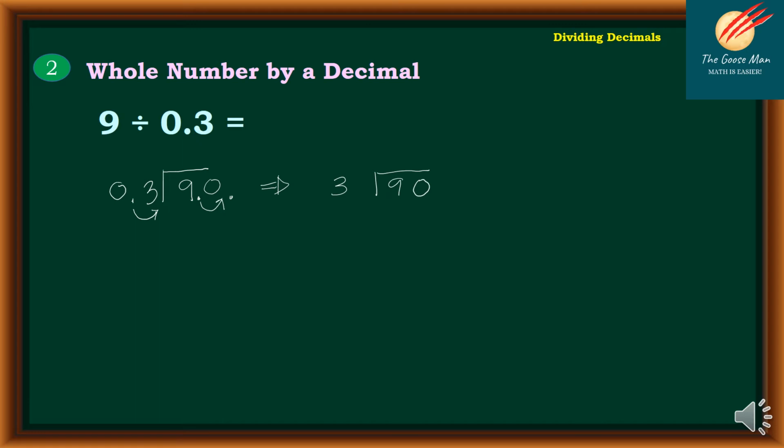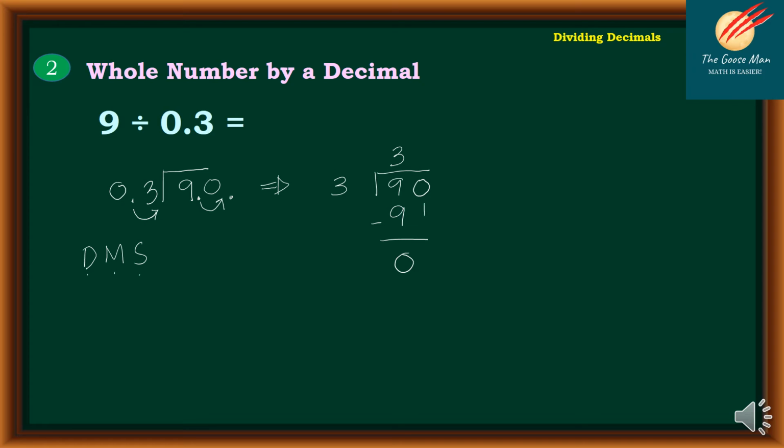So, let's do the division. Again, in division, we will follow the acronym DMS. It means divide, multiply, and subtract. So divide 9 by 3 will give us 3, then multiply. 3 times 3 will give us 9, then subtract. Notice that there is still 0 here, so we will continue the process.